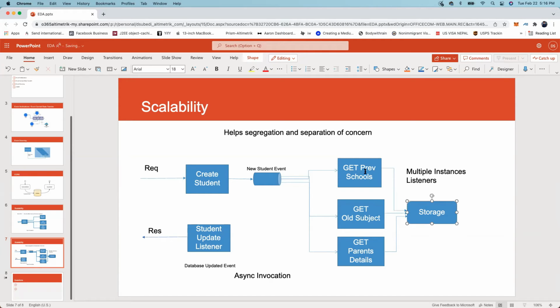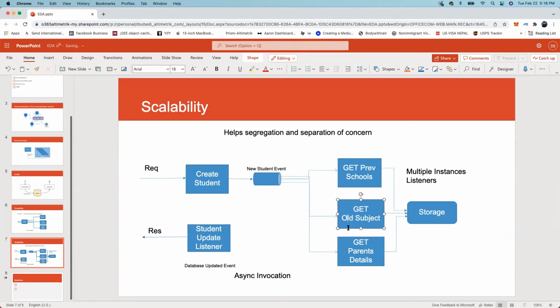So on the next slide, we see how an async invocation could solve this problem, right? Let's say you have a request and then you have a service that just deals with the request, saying, hey, I received your request, I'll get back to you later, and then pushes an event to our system that processes the event. There are multiple listeners for this event.